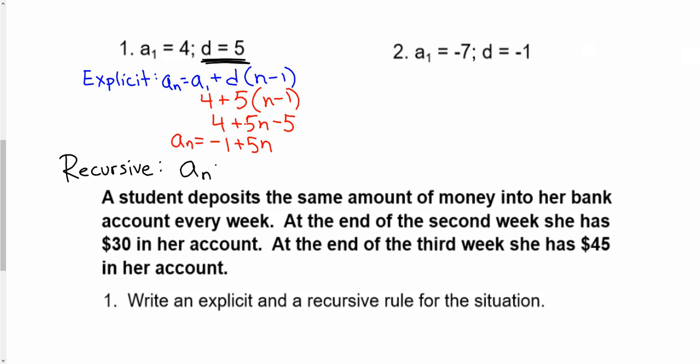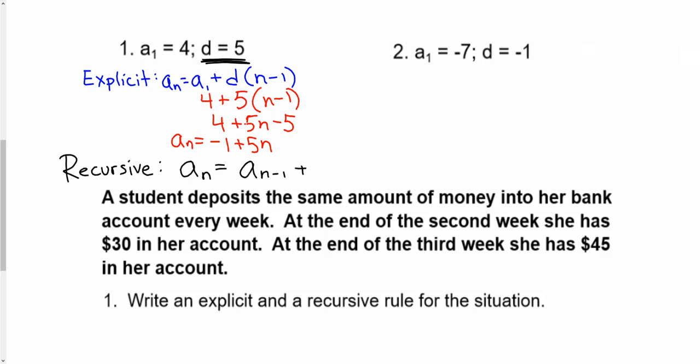A sub n equals. Now when we do this formula, we have to use a sub n minus 1. There's no way around it. So that's the first thing I'm going to throw in. And the last thing you do is you just throw the common difference at the end.